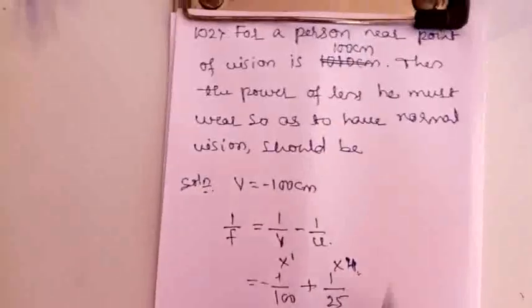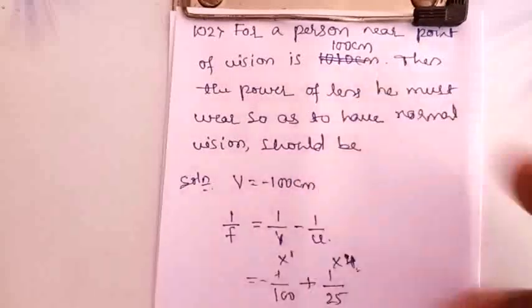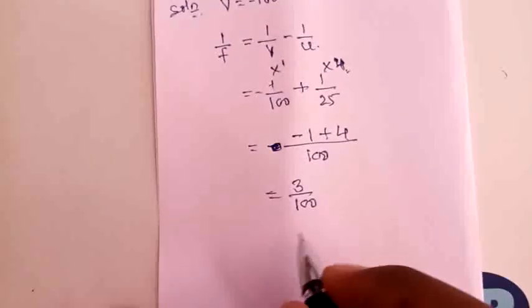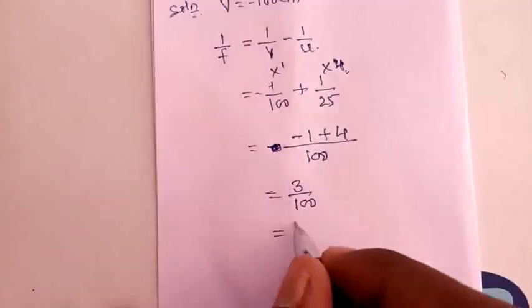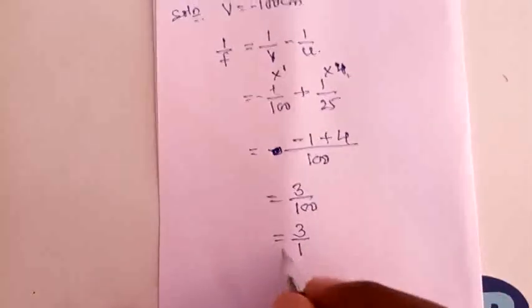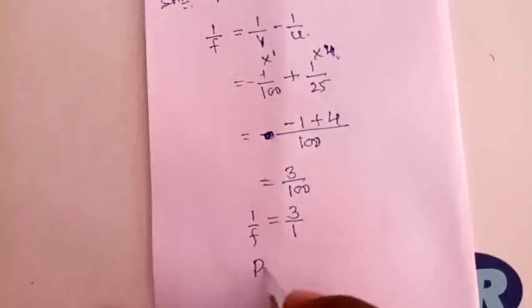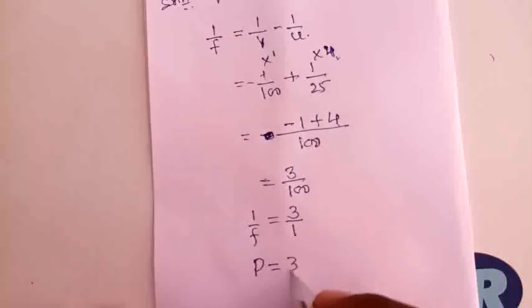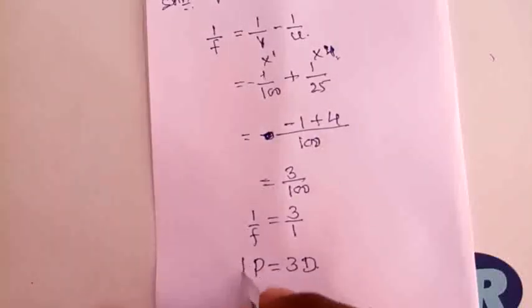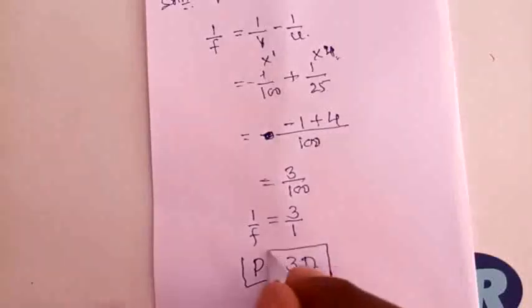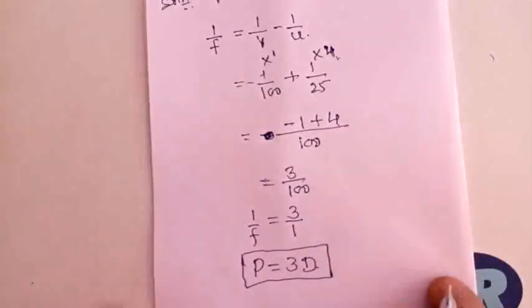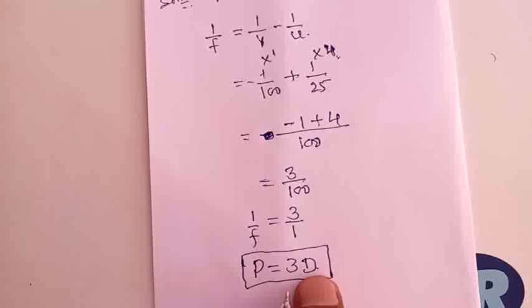But here the 100 is in centimeter, we have to convert this to meter now. 100 centimeter to meter means it is 1 meter, it is 3 by 1 meter, then it is 1 by f. 1 by f is nothing but power, then P is equal to 3 diopter. 3 diopter, plus 3 diopter means convex lens, okay. So plus 3 diopter means convex lens, which type of defect is it? It is a far-sighted defect or hypermetropia.